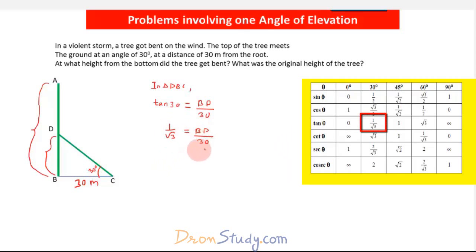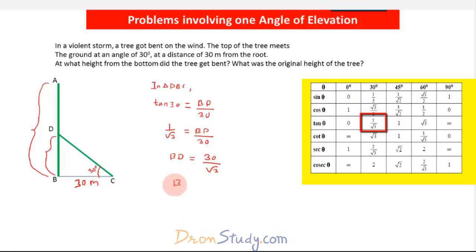So 30 we will take to the other side, so BD is equal to 30 upon root 3. Multiply the numerator and denominator by root 3 to avoid surds in the denominator.